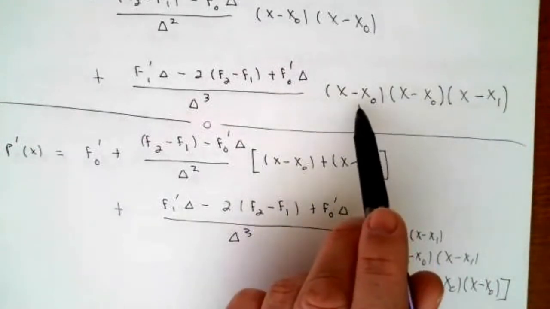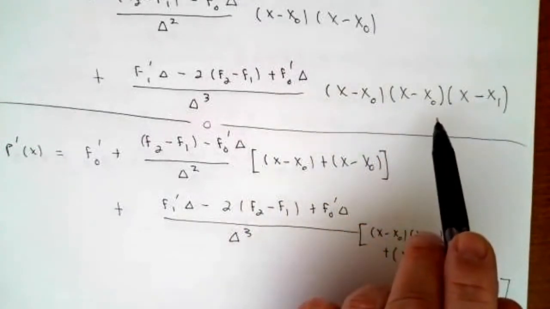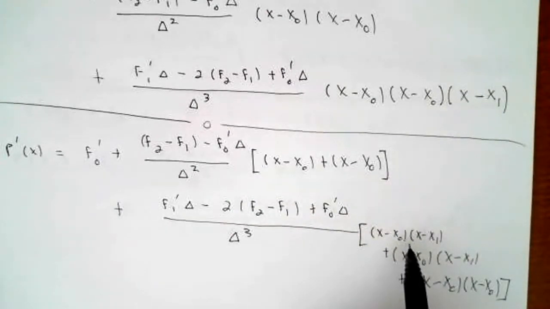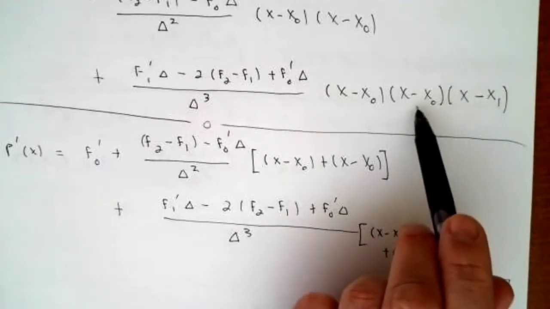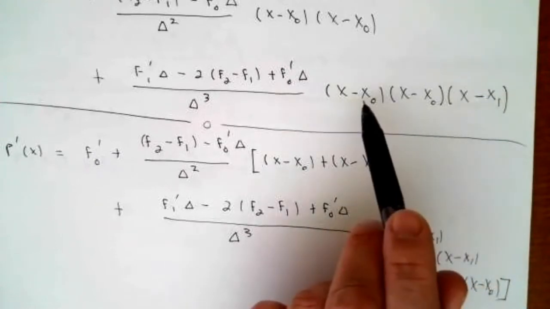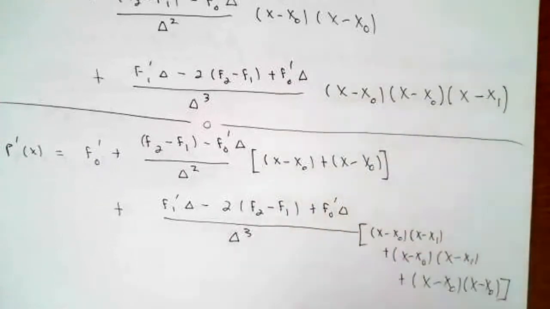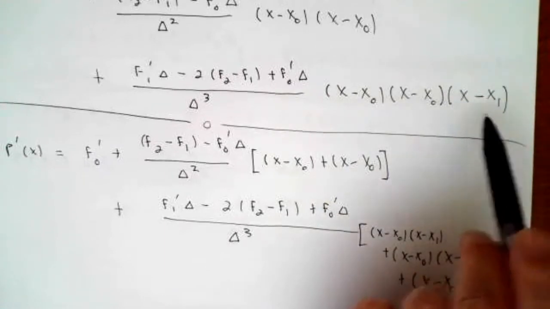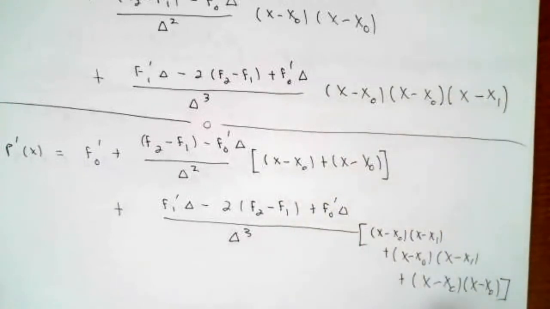If I leave that one off, I'll have x minus x0 times x minus x1. That's this term. If I leave that one off, I'll have x minus x0 times x minus x1, that one. If I leave that one off, I've just got two factors of x minus x0.